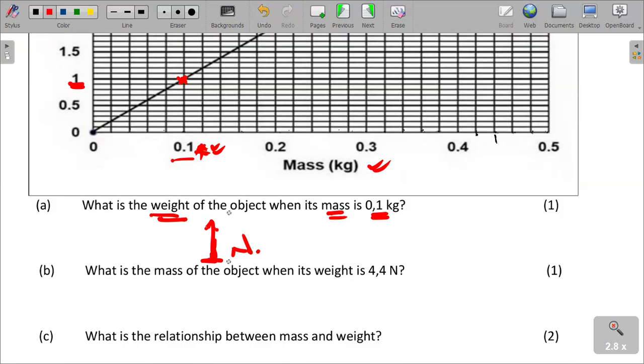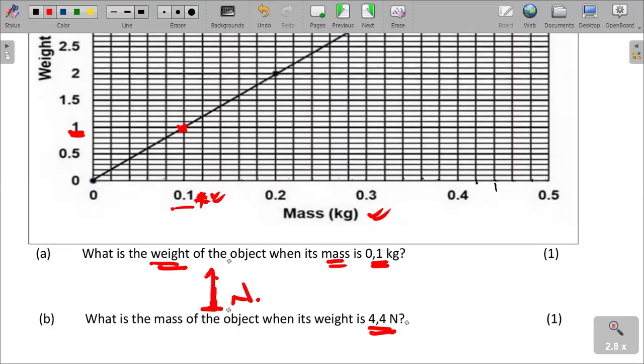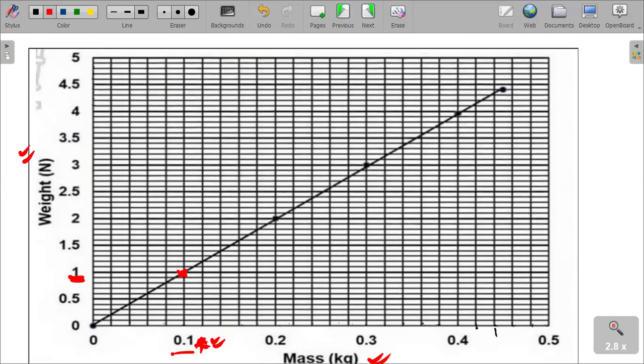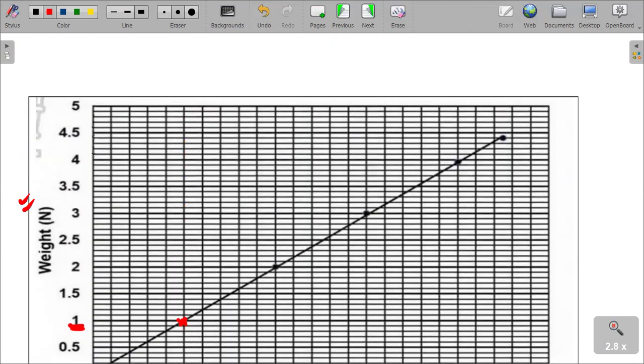And then what is the mass of the object when the weight is 4.4 Newtons? So we are supposed to go on the vertical scale, the vertical line, to 4.4 Newtons. We need to understand the interval, how much each line is representing, how many newtons.